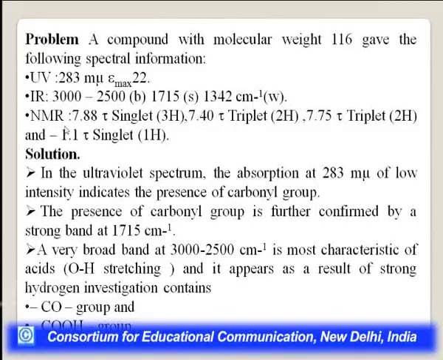The NMR signals show a singlet at 7.88 tau for 3 hydrogens. These hydrogens belong particularly to this moiety. At 7.40 the multiplicity, a triplet, shows the number of protons at the adjacent carbon atom, and 2 hydrogens belong to this particular moiety.